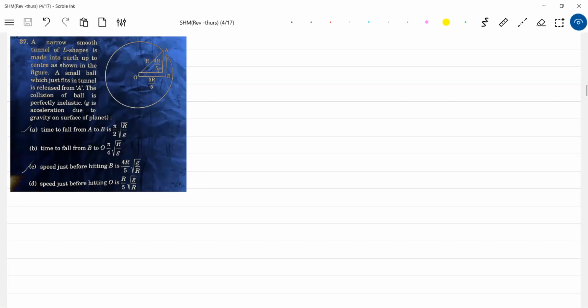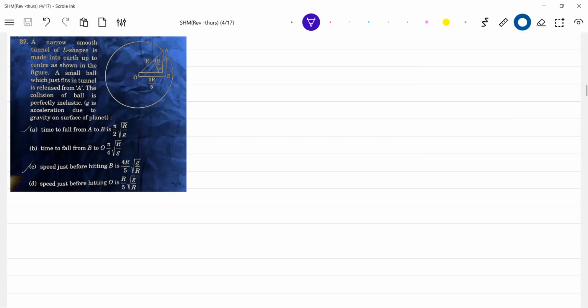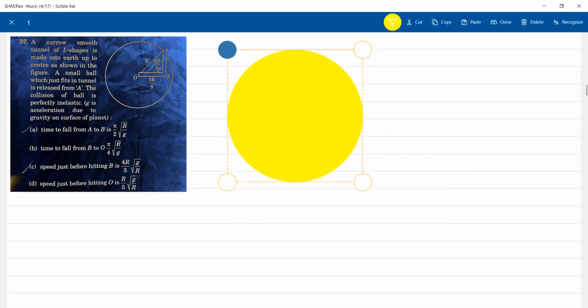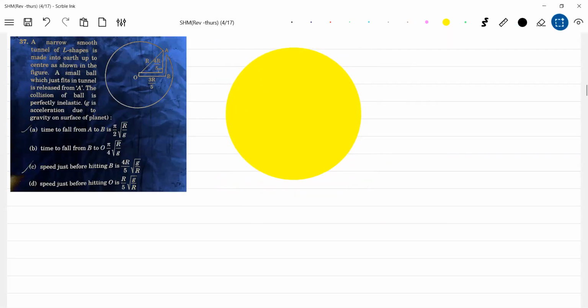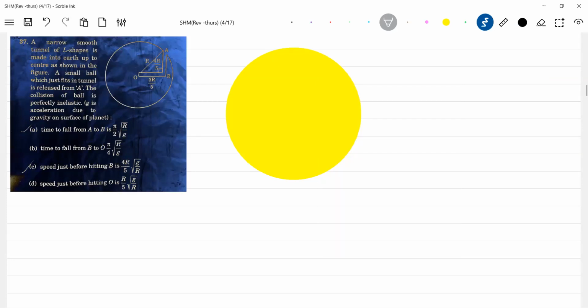Better to remember some theoretical ideas that you have had till now. If you go to the gravitation chapter, if this is the Earth, you can draw that particular tunnel wherever you want.